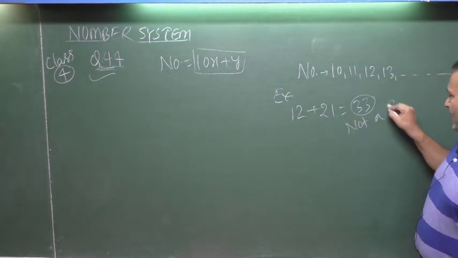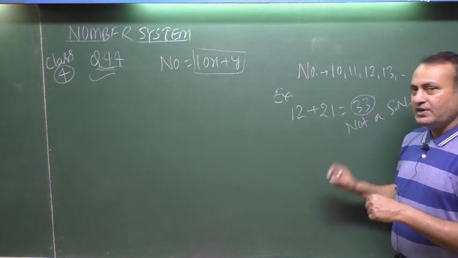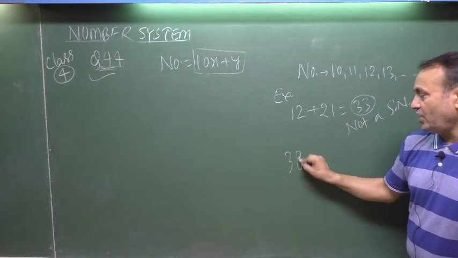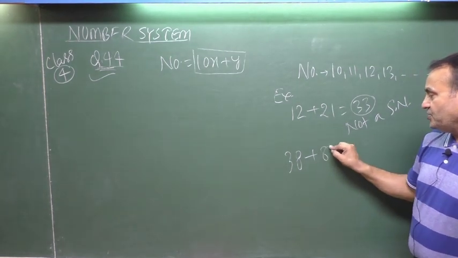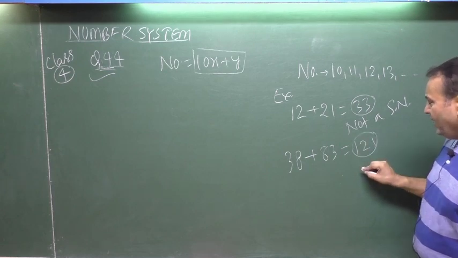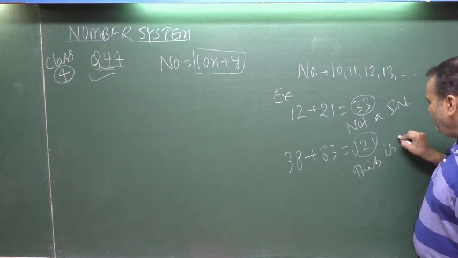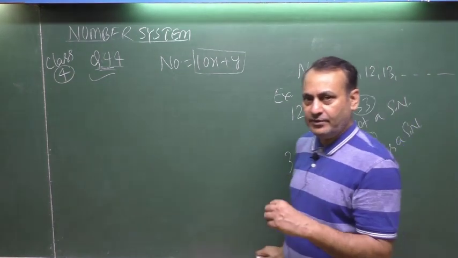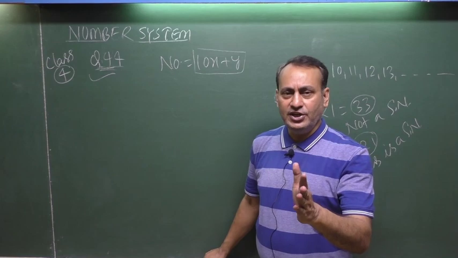Not a square number. The question says by doing this, it must come out a square number. Another example, 38 is also a 2-digit number. After interchanging this is 83 and after addition this is 121 and this is a square number. That means you can say here 38 is such a number, 83 is such a number.